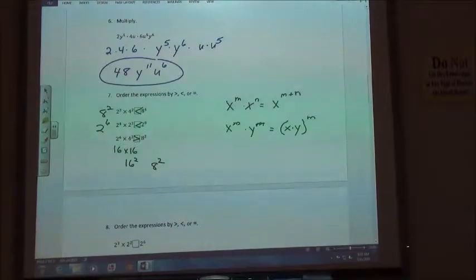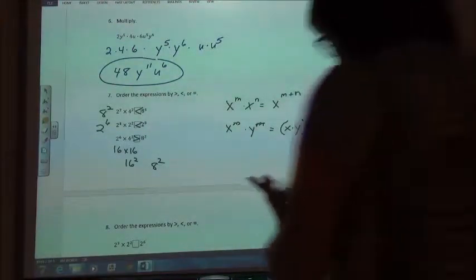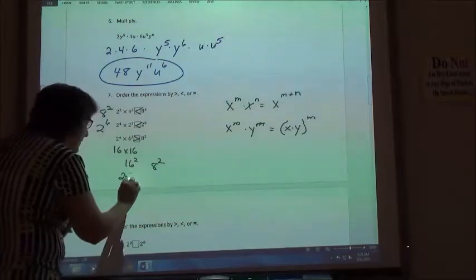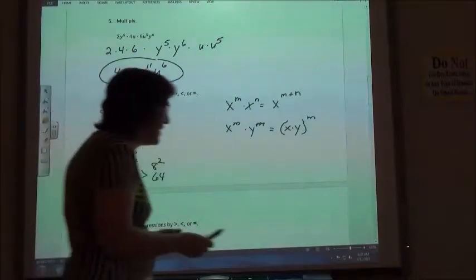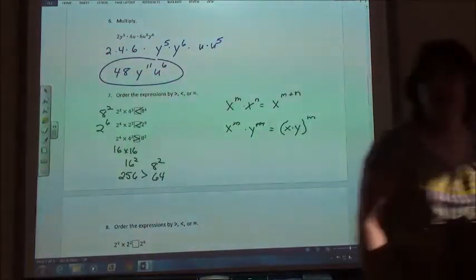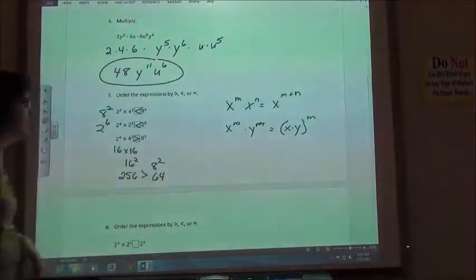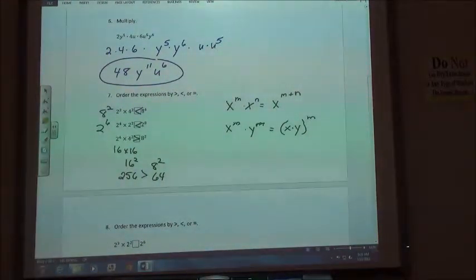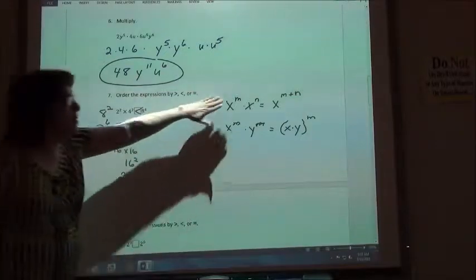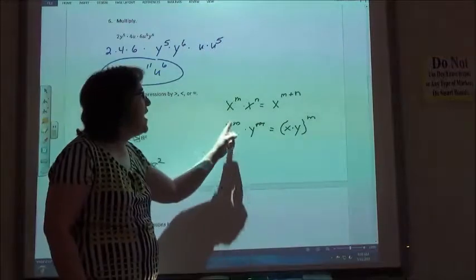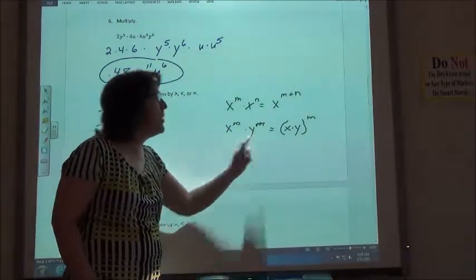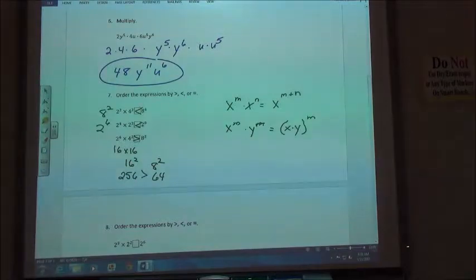I got to grab my calculator quick here. 16 squared would have been 256, and 8 squared would have been 64, and yes, we know 256 is bigger than 64. So basically on that bottom one, you just have to do your calculation until you can tell which one's bigger or which one's smaller. On the other two, they're going to be using one of these two rules. If my bases are the same, I add my exponents. If my exponents are the same, I multiply my bases and keep that exponent.